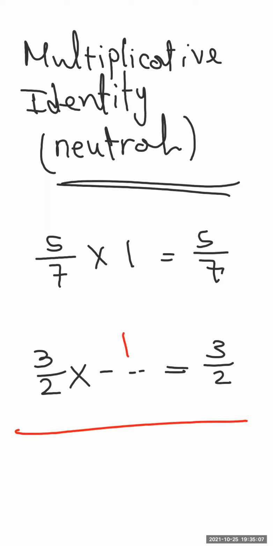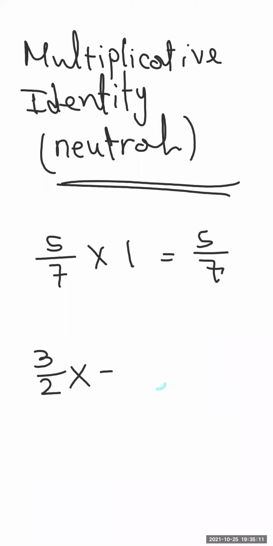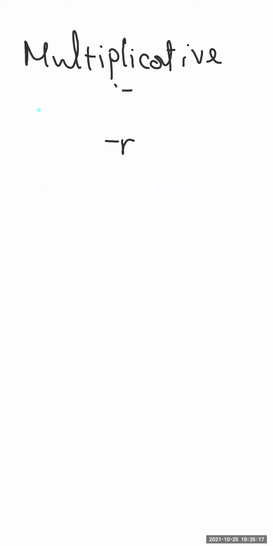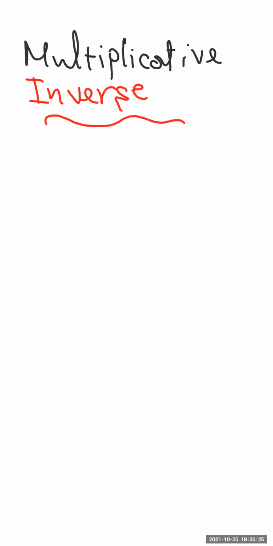The next property is about the multiplicative inverse. Multiplicative inverse, guys, for any number means we will flip the number.